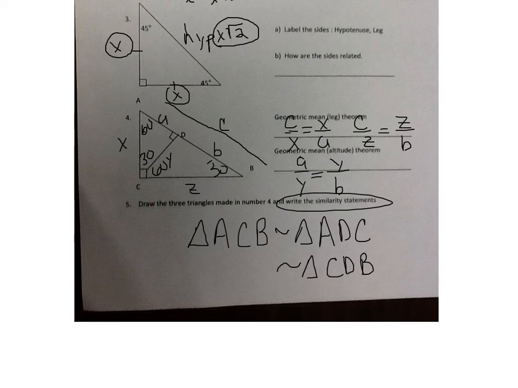Then for this triangle here, I named it 60, then 90, then 30, and then the final triangle, again, I have the 60-degree angle, the 90-degree angle, and then the 30-degree angle. And there you have it. Please use your old quiz for review for the extra point quiz tomorrow.